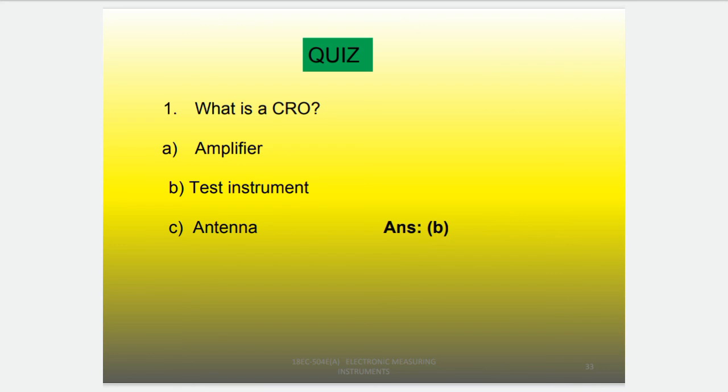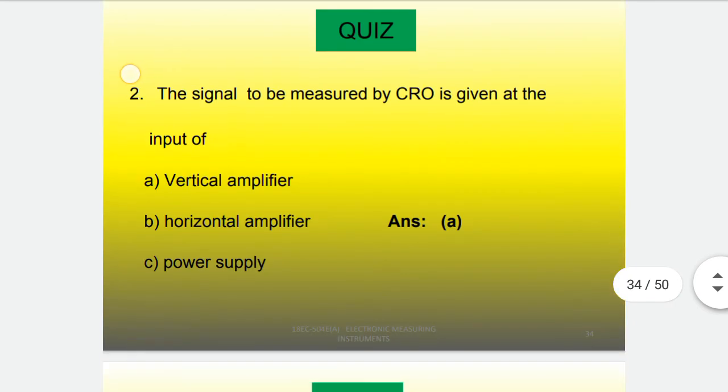CRO is a test instrument, hence the answer is B. Second question, the signal to be measured by CRO is given at the input of dash: A. Vertical amplifier, B. Horizontal amplifier, C. Power supply. The signal to be measured is given to the input of the vertical amplifier, as you can see in the figure. The correct answer is A.